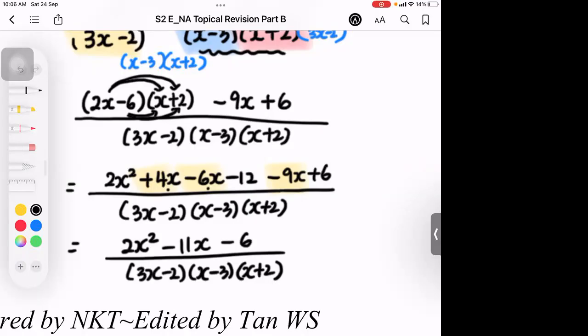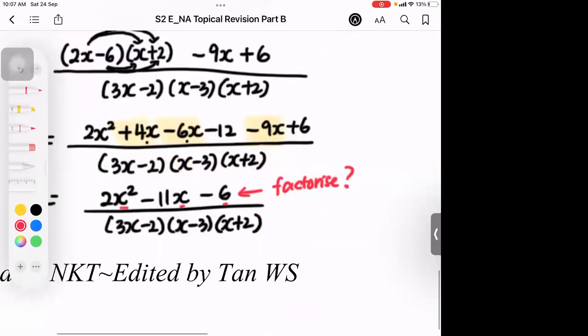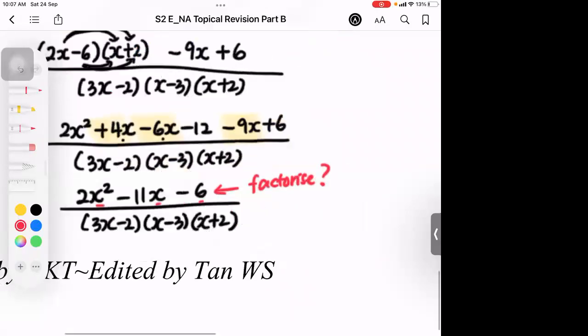But this question is really very difficult. Not done yet. We need to check. Can I factorize this? I need to check the numerator. Got x squared, x and number. Can I factorize? I need to check. Can or not? So I press my calculator. Mode 5, 3, 2, negative 11 and negative 6. Oh, I can factorize. What do I get?